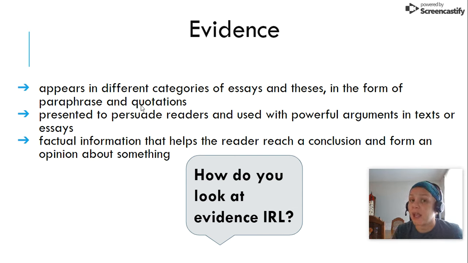Just because you say you have evidence does not mean you're actually using evidence. You have got to use outside resources, you're citing them, and so forth. And then evidence itself is used to persuade and to give strength to your argument, powerful arguments, and it's to help the reader reach a conclusion and form an opinion about something.